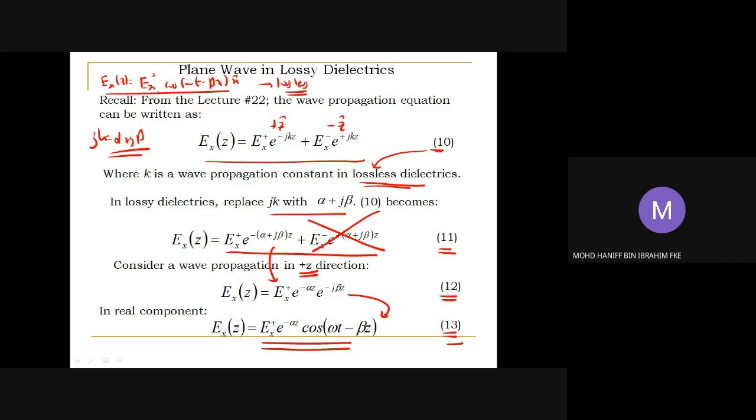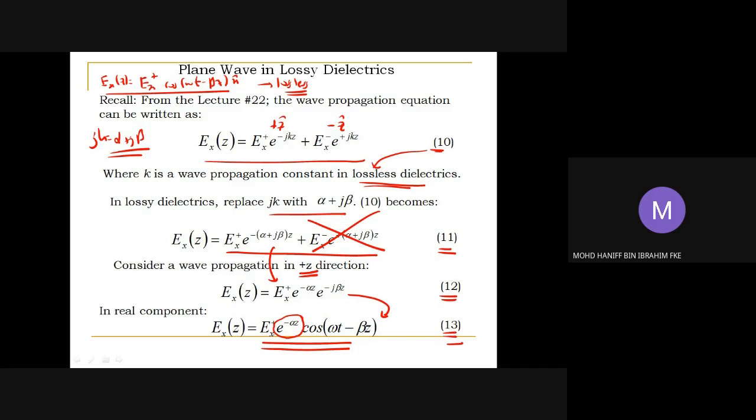The difference is that we can note the effect of multiplying the amplitude with exponential of negative alpha z, which shows that in lossy dielectrics, the amplitude of your field wave will be reduced exponentially. Yeah, the amplitude of the wave will be reduced exponentially, as compared to the lossless medium, where there is no reduction of the wave. That means there are no losses in your medium. Because we agreed that for a lossless dielectric, there is no loss, by the word lossless itself.